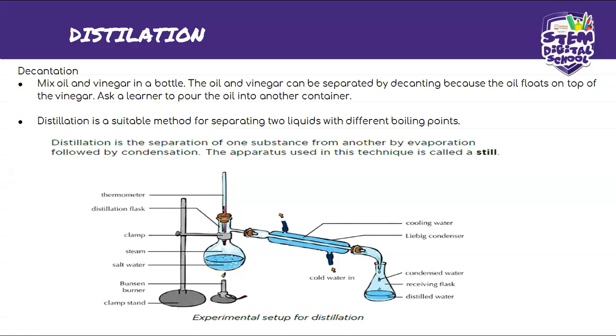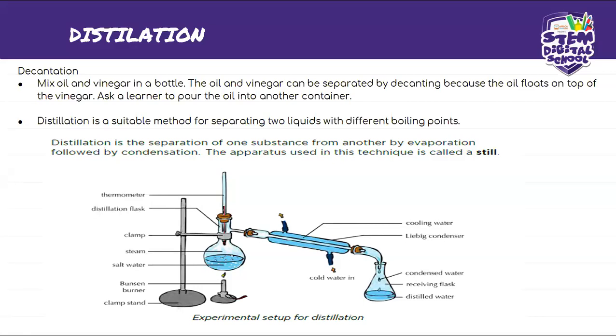The clamp is used to hold the flask that is connected to the condenser, and the importance of the thermometer is to measure the temperature. So now if you have got salt water and you are going to separate it.